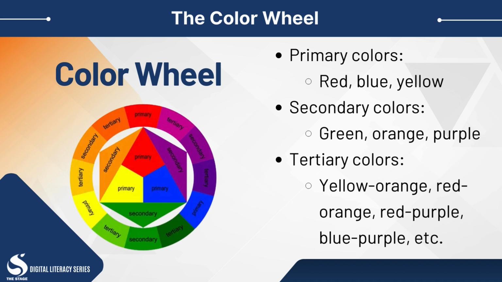A key to note is that the primary colors are the building blocks of color theory. They're the foundation for all of the other colors. Then our secondary colors are made by mixing those primary colors. So each level builds upon the other.